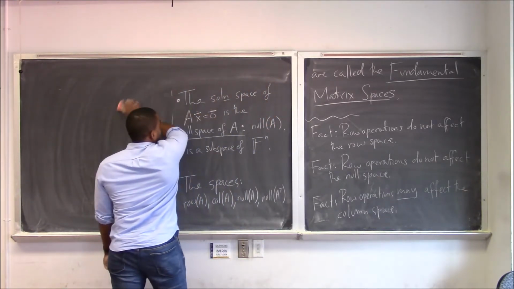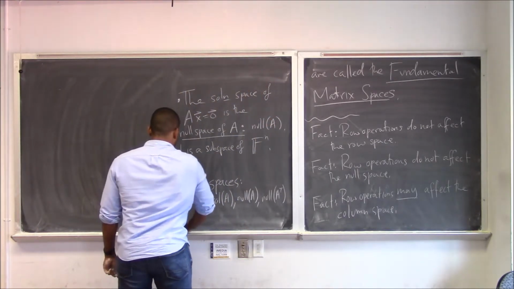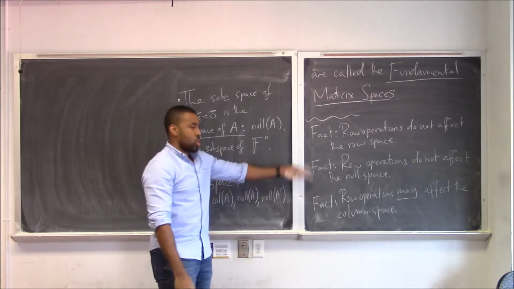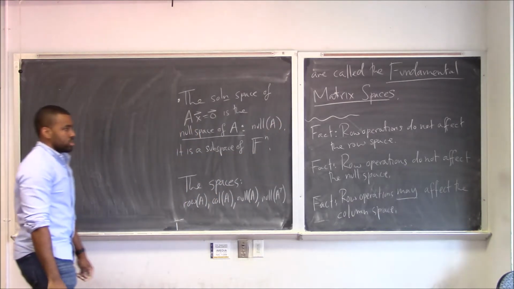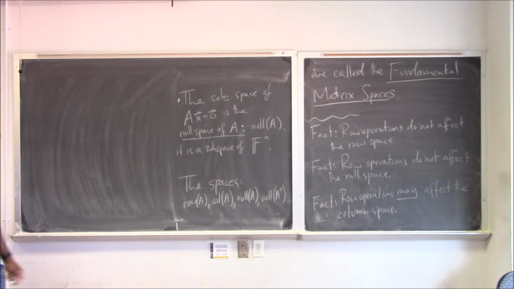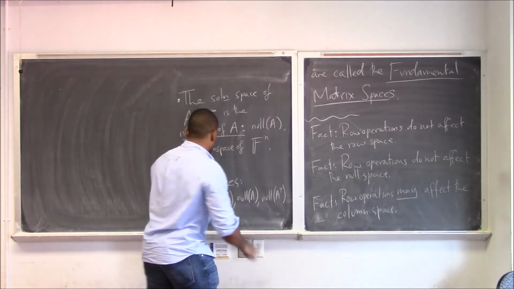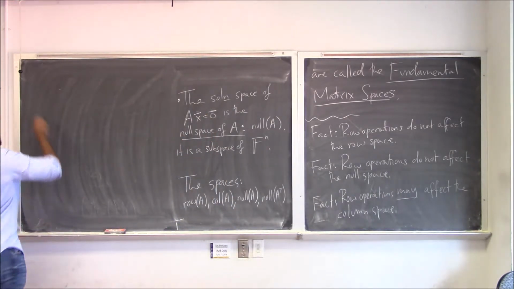The first two facts are probably things that you're already convinced of because we were using these facts to solve systems. So if those two weren't true, we'd be in trouble. The third one though, I can justify with an example.